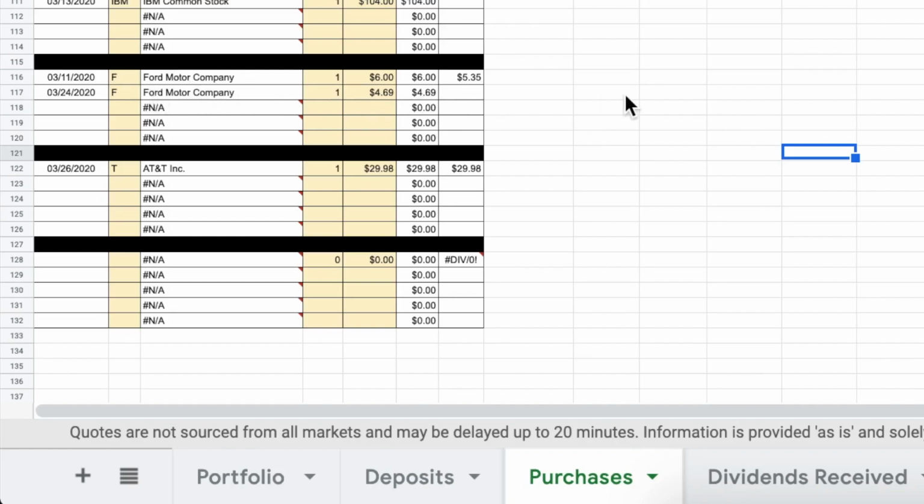Ford Motor Company is the company that I decided to use my dividend money to buy. I decided when I started investing I was going to buy one company all year this year, and that was Ford, because they were paying a 60-cent dividend, and I thought it would be neat because I could collect my dividend money, buy the share of stock, and then my money would be making me money.